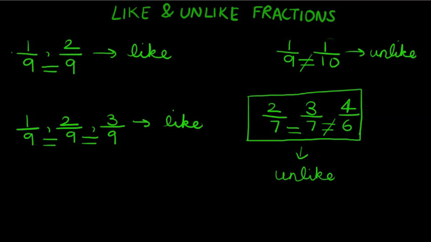A popular misconception is that, let's say I have 1 upon 3 and 2 upon 6. Now what people might think is that I can divide 2 and 6 by the same common factor.